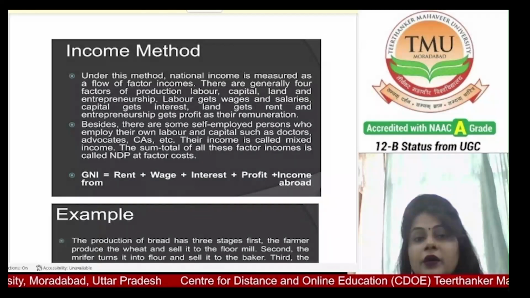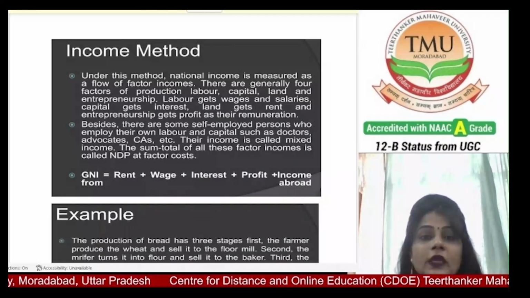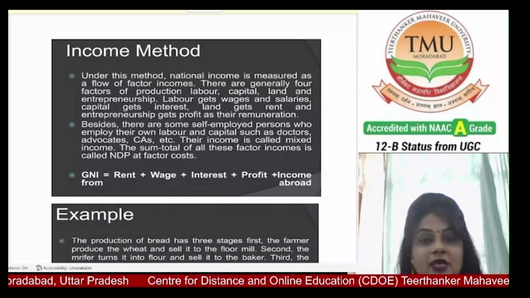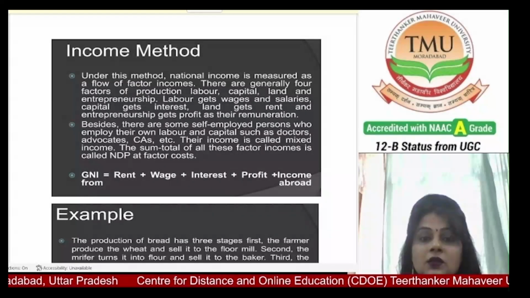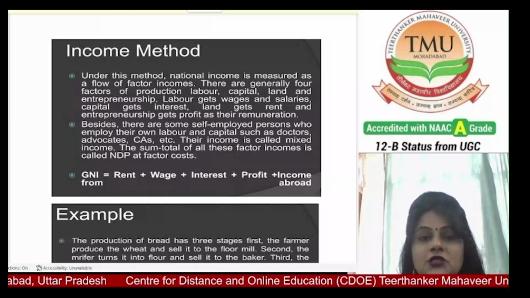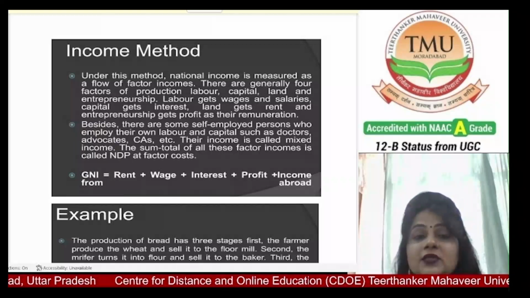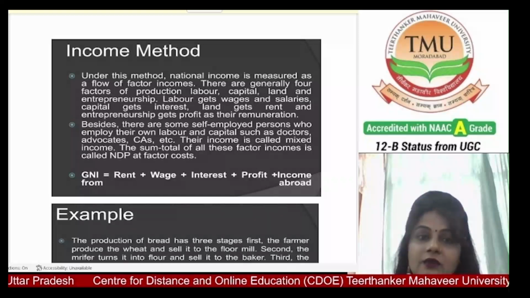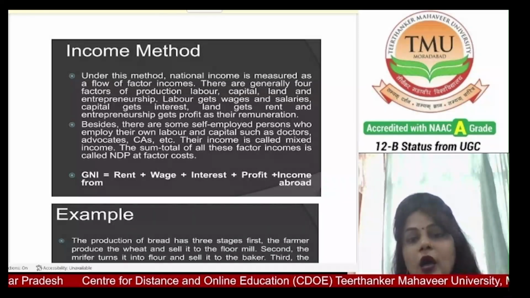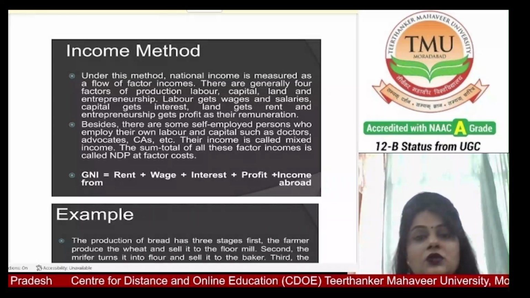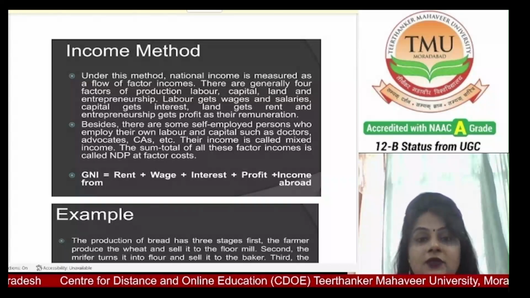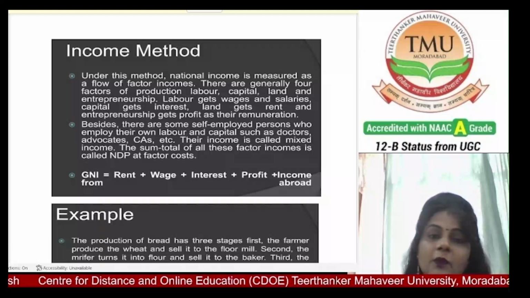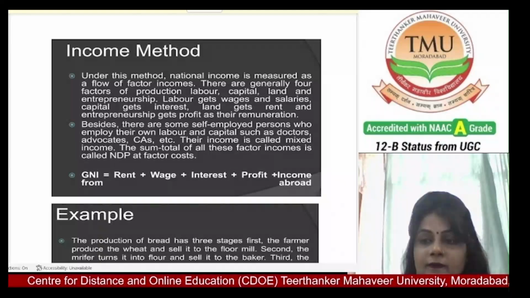Next, retained earning is the part of the profit that is kept aside as a reserve to handle uncertain situations that may arise in a business. It is also known as reserve and surplus, undistributed profit, or saving of the private sector. Profit is equal to corporate tax plus dividend plus retained earning.